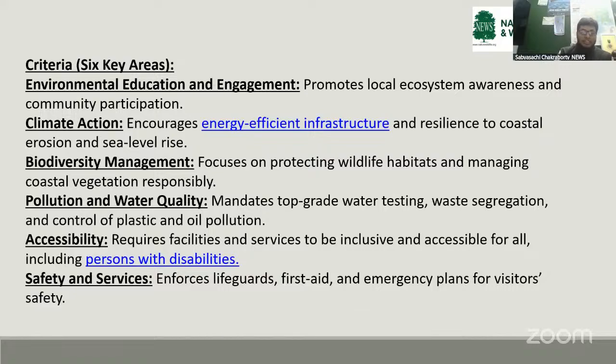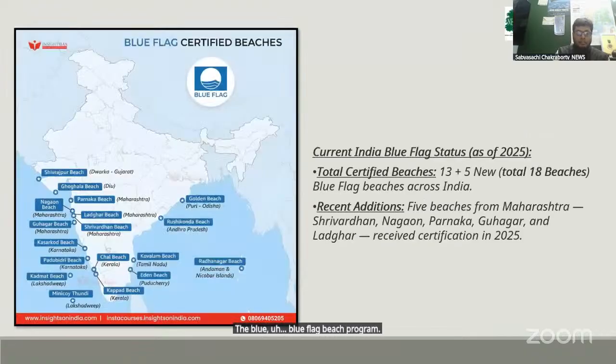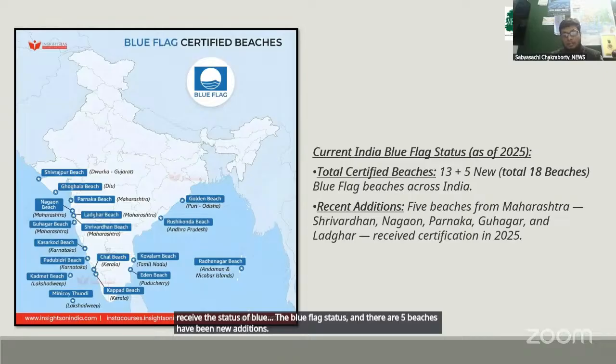So if these six key areas are matched, only then can they fulfill the Blue Flag beach program. As of 2025, a total of 18 beaches across India, both on the eastern and western coast, have received Blue Flag status, and five of them are new additions from Maharashtra, certified in 2025.